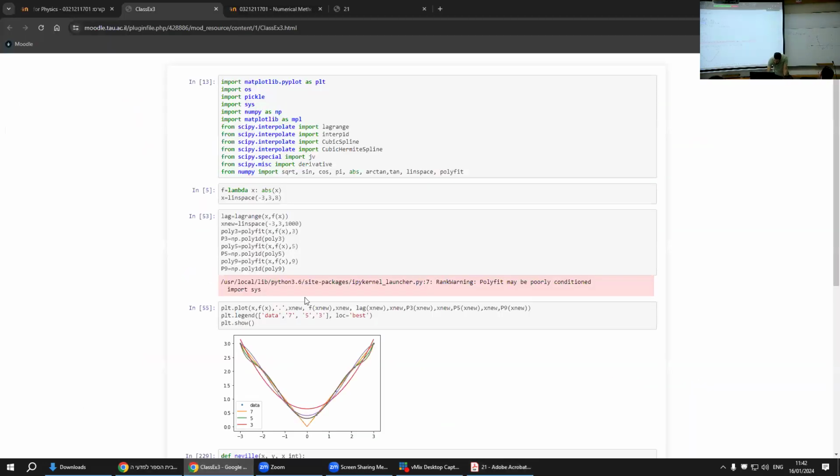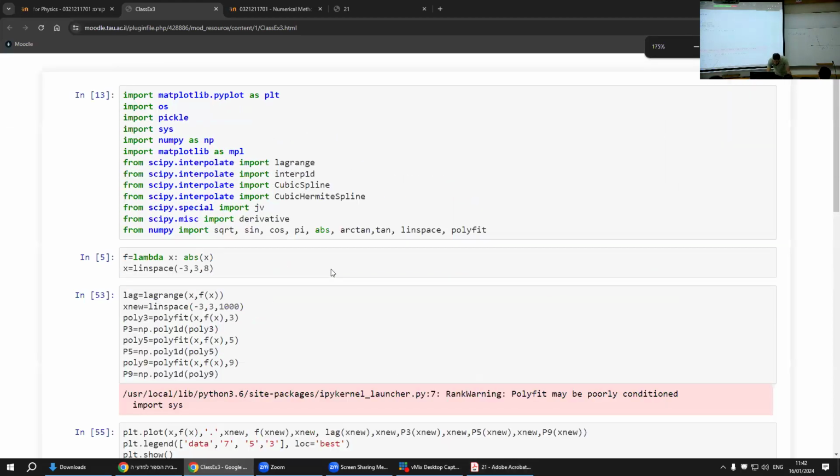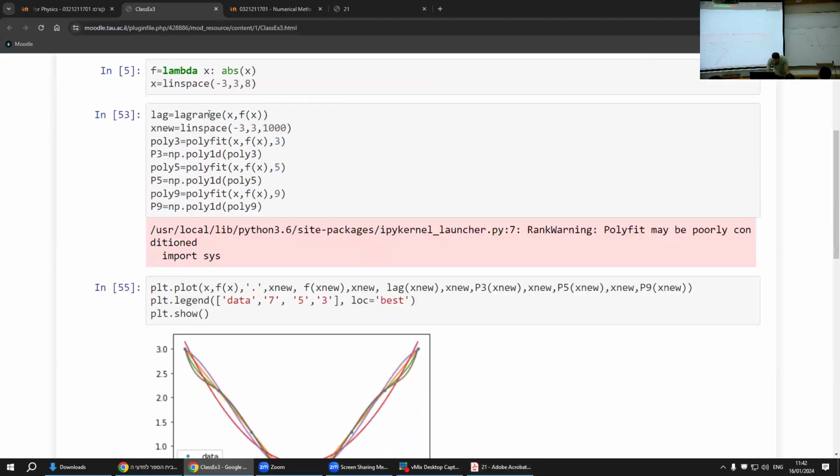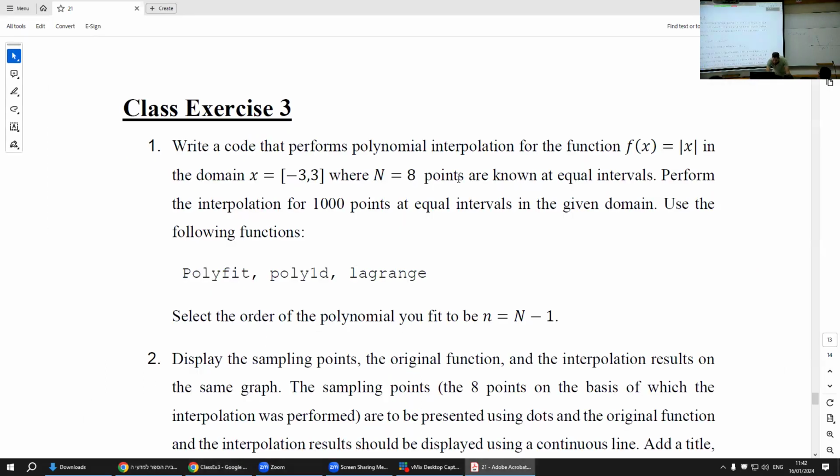You can check that. And let's see, for example, let's read what they want. Write a code that performs polynomial interpolation for the function f of x equals the absolute value of x in the domain -3 up to 3, where n equals 8 points are known at equal intervals, and after that for 1000 points, and use these functions.